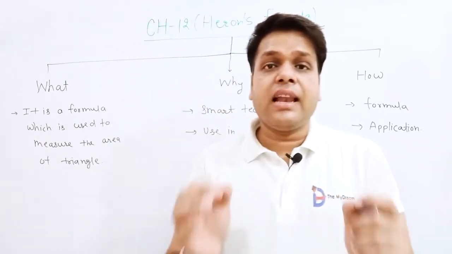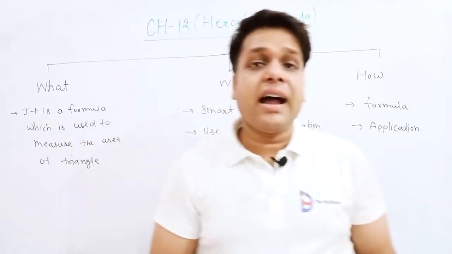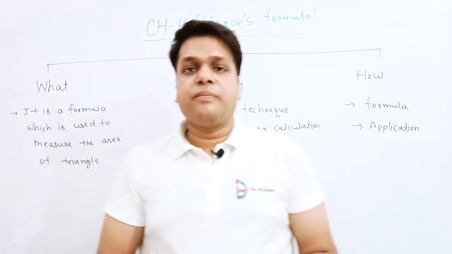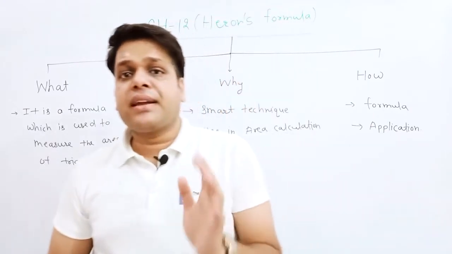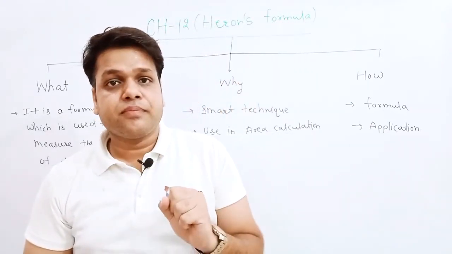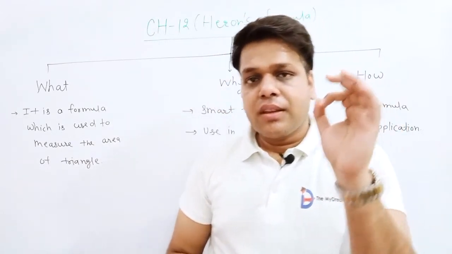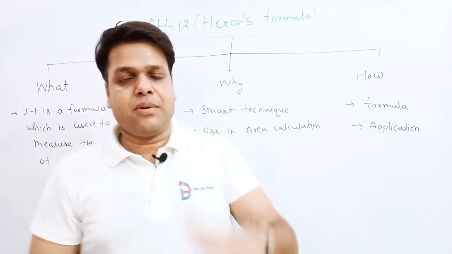Sometimes with the help of area we can calculate dimensions like the height and the base of the triangle also. Now this Heron's formula is a smart technique to find area, which we will discuss in this chapter.